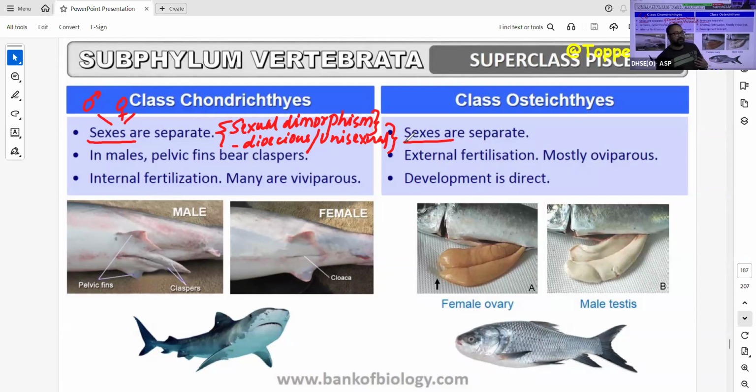And in animals, they have sexual dimorphism. That is, male is separate, female is separate. This is common to almost all higher organisms.